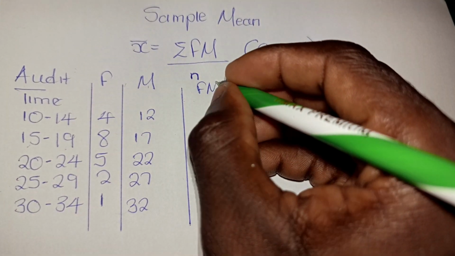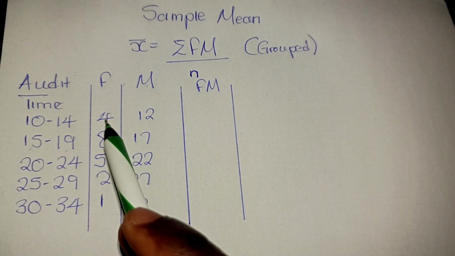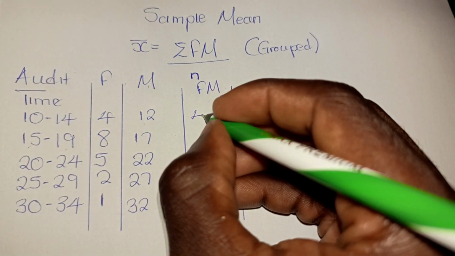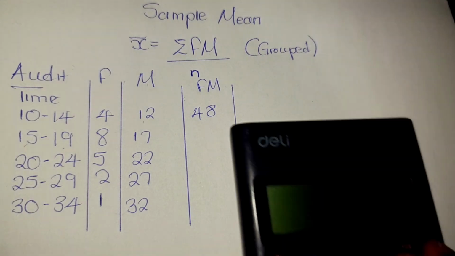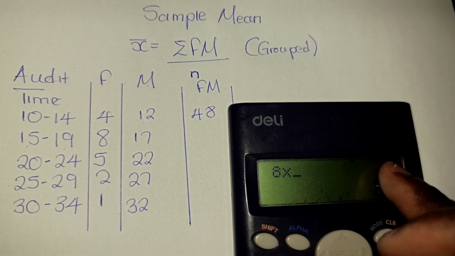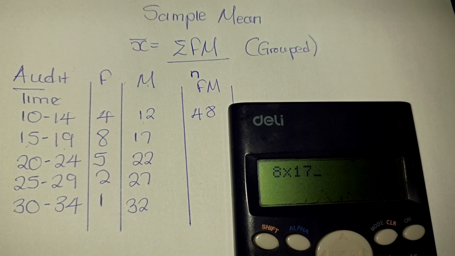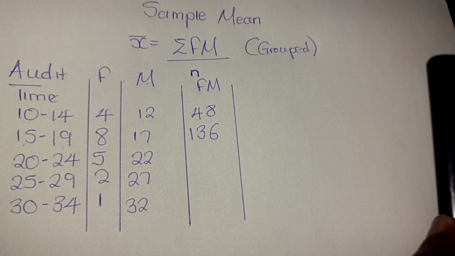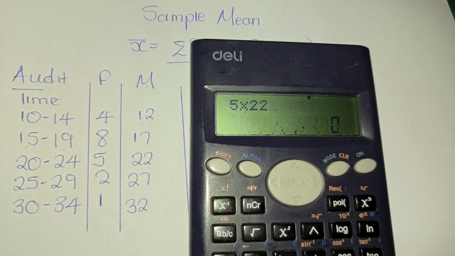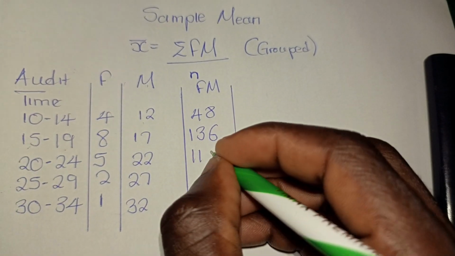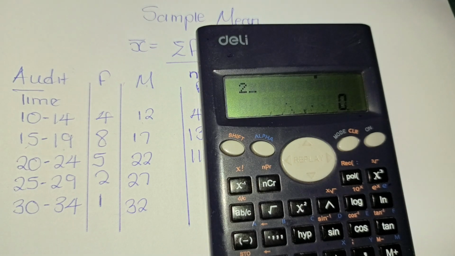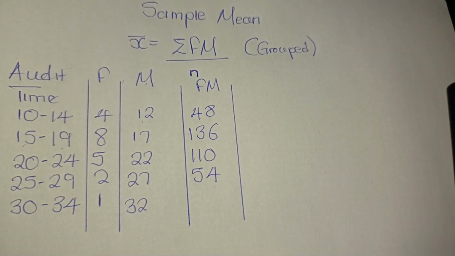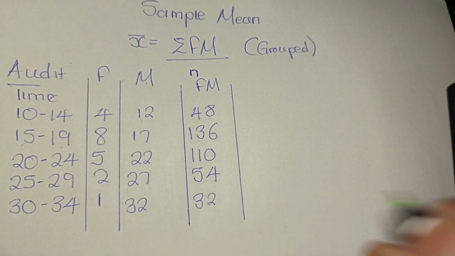FM comes as a result when you multiply F times M. So we have 4 times 12, you get 48. 8 multiplied by 17, you get 136. 5 times 22, you get 110. You have 2 times 27, you get 54. And 1 times 32, you get 32.